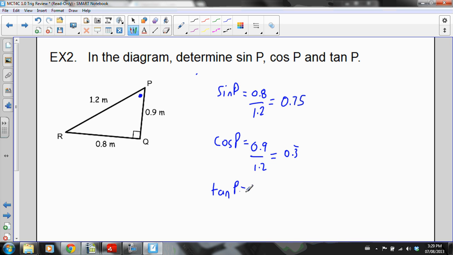Tan of P, from angle P, opposite over adjacent, and that is 0.8 repeating, which is about 0.9. But that's it. We don't have to find angle P. We don't have to solve any problems. This is all we're expected to do today. So that's it.